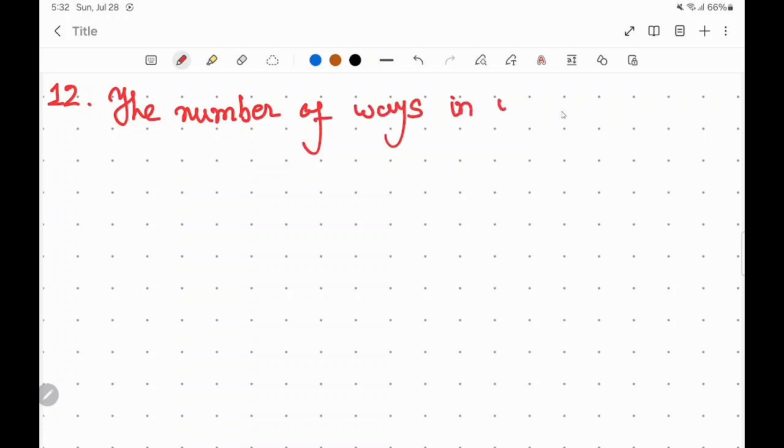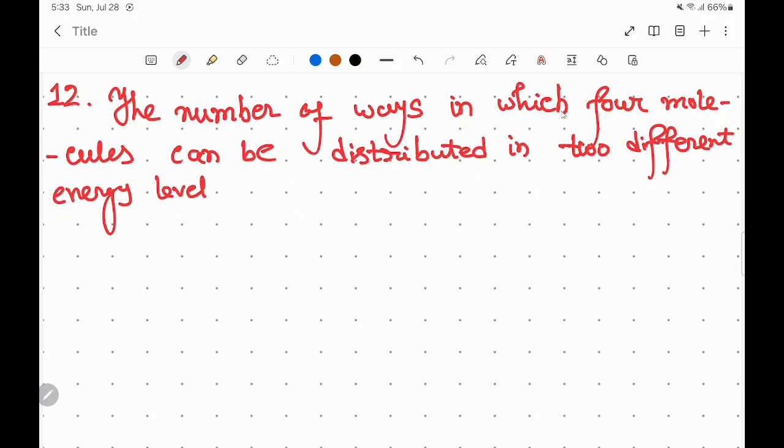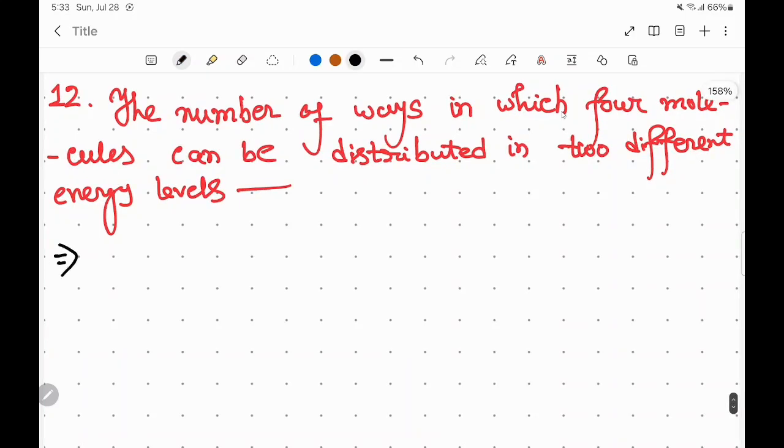The number of ways in which four molecules can be distributed into two different energy levels. What will be the answer?